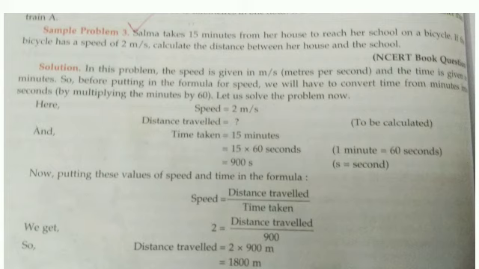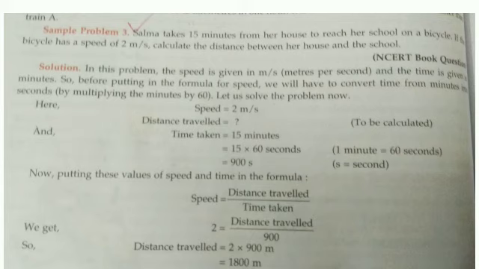In this problem, speed is given in meters per second, and the time is given in minutes, 15 minutes. So before using the formula for speed, we will convert time from minutes to seconds.